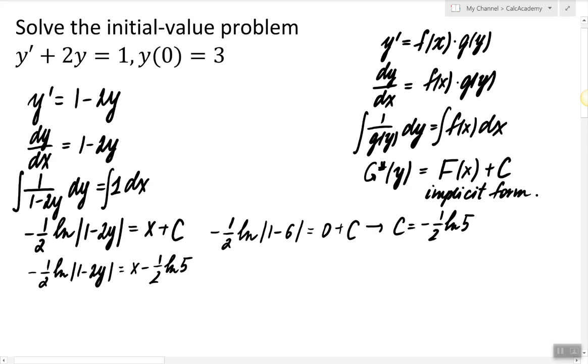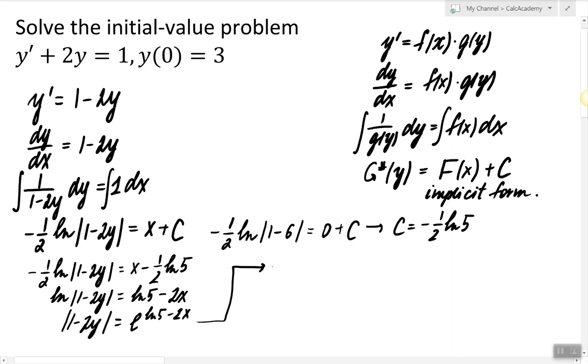We can multiply both sides by negative 2. So I have ln of |1 minus 2y| equals ln 5 minus 2x, and we can exponentiate both sides to get |1 minus 2y| equals e to the power ln 5 minus 2x.